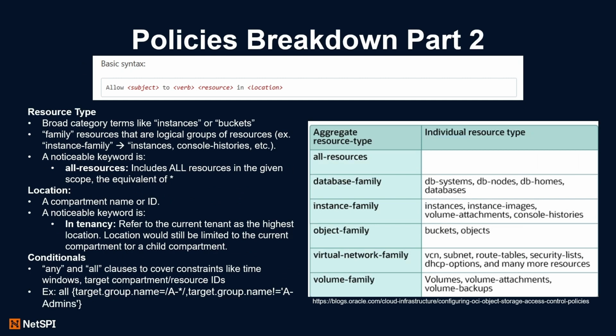Resource types. So we've said who can do something, what permissions do they have, and then what can they actually act on, right? If Scott has manage permissions, well, manage on what? Is it manage permissions on the compartment, manage permissions on the buckets?